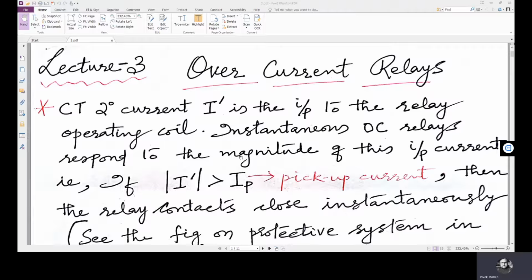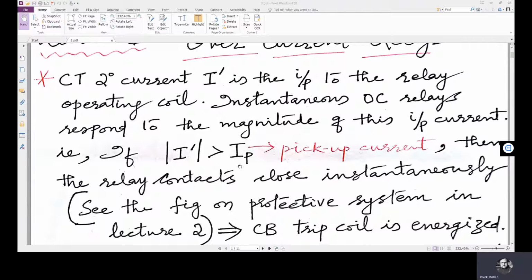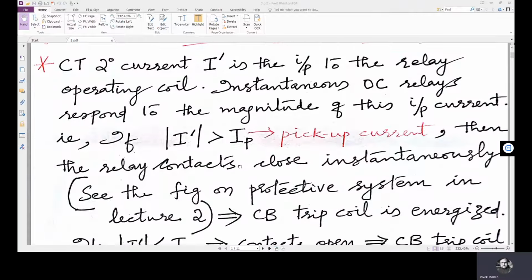Now instantaneous overcurrent relays respond to the magnitude of this input current, which means if the magnitude of I dash is greater than a threshold value or a pickup value IP, then the relay contacts close instantaneously, because the relay contacts are normally open. They close without any time delay, because it is an instantaneous overcurrent relay.